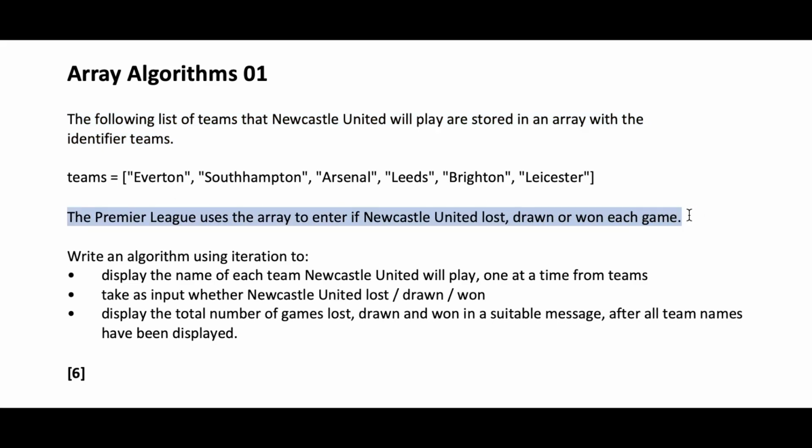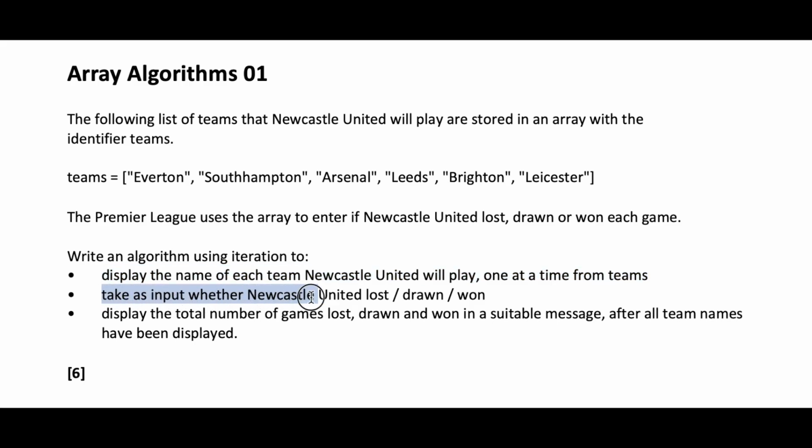The Premier League uses the array to enter if Newcastle United has lost, drawn, or won each of their games. The question then asks us to write an algorithm that will do the following points. Display the name of each team Newcastle United will play, one at a time from the teams list.